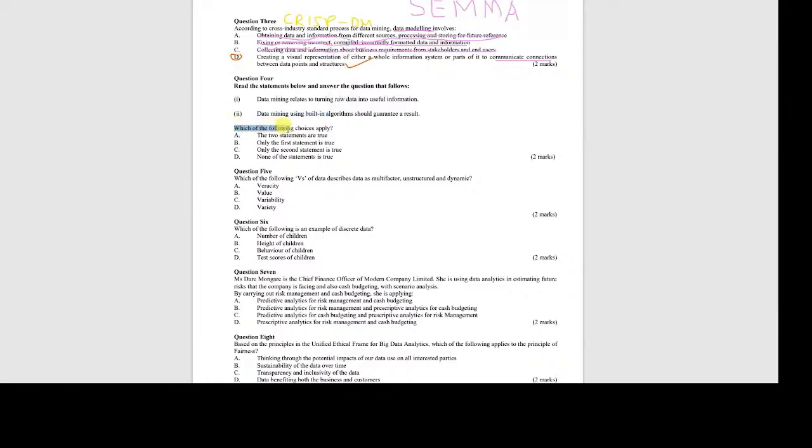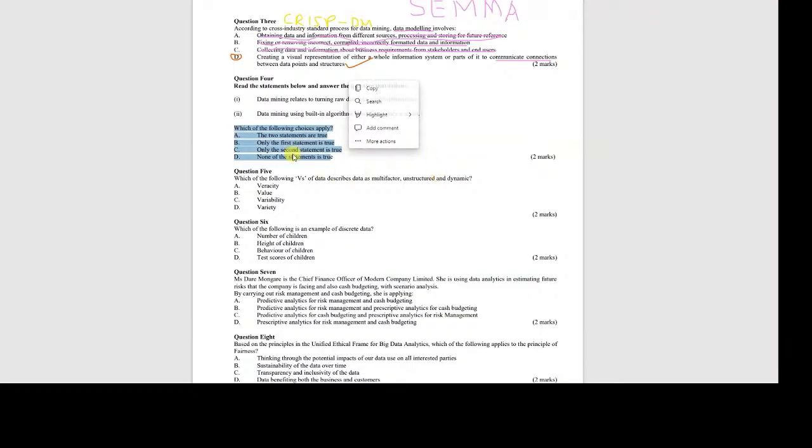Which of the following choices apply? A, the two statements are true. B, only the first statement is true. C, only the second statement is true. D, none of the statements is true.